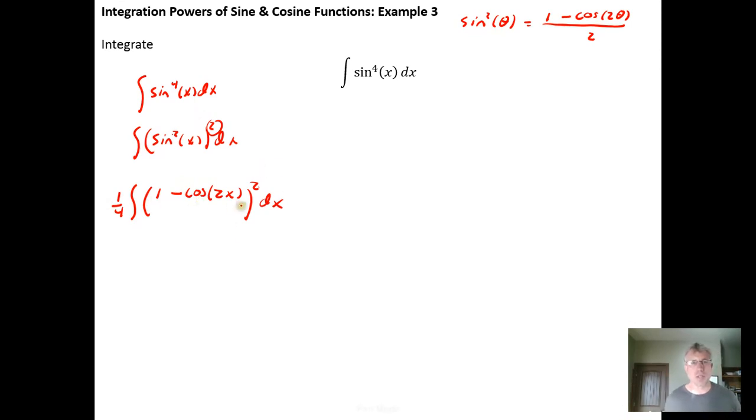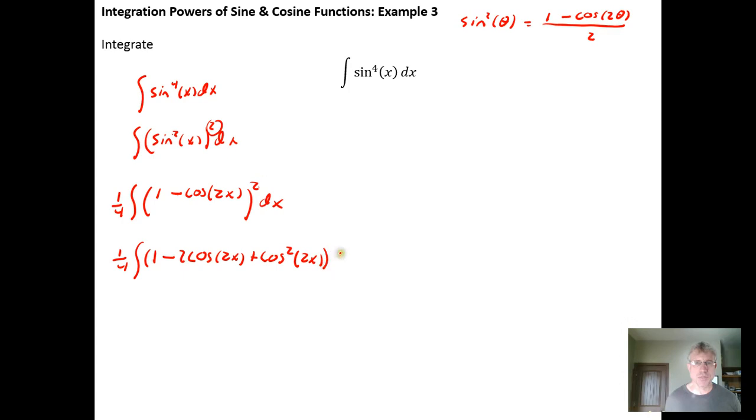And then we need to square out this expression inside the parentheses. So we're going to get a quarter of the integral. We get 1 times 1 is 1. 1 times minus the cosine will happen twice. So minus 2 times the cosine of 2x. And then we get minus cosine times minus cosine is plus the cosine squared of 2x.